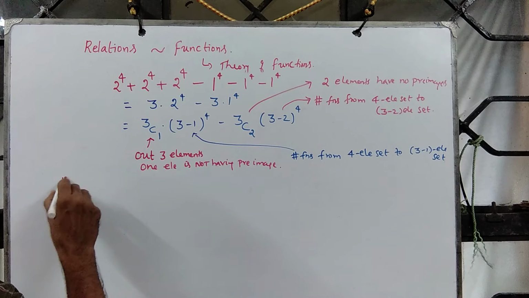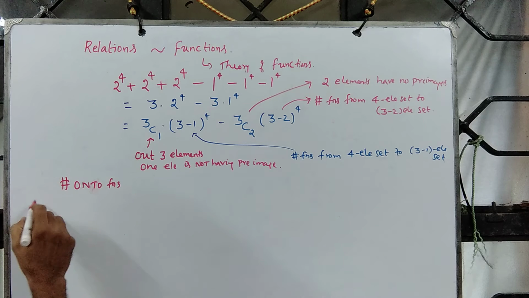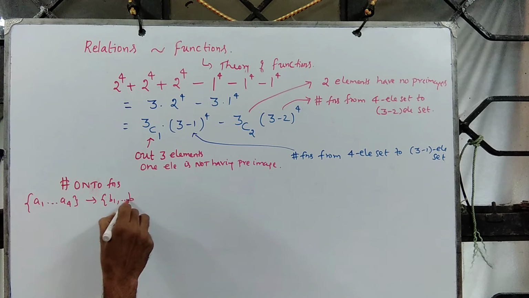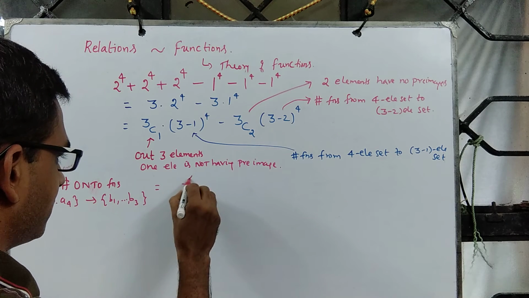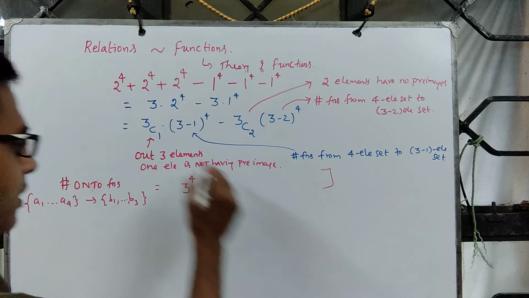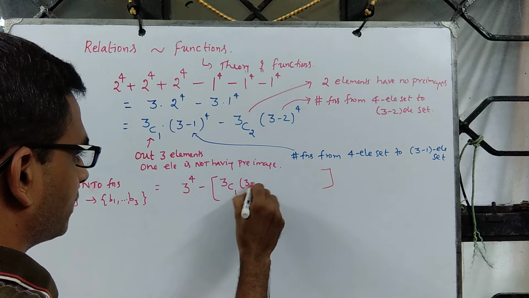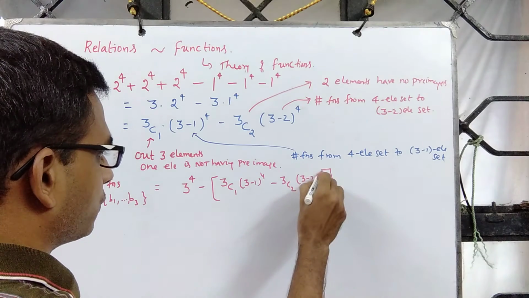So the number of onto functions from A1 to A4 to B1 to B3 is precisely this: total number of functions minus number of non-onto functions. How much? It is 3 choose 1 times 3 minus 1 to the power 4 minus 3 choose 2 into 3 minus 2 to the power 4.